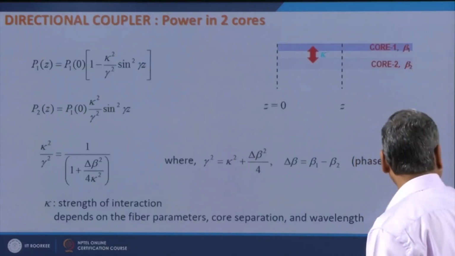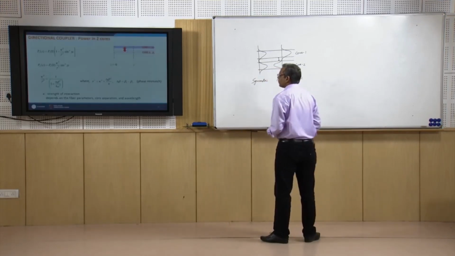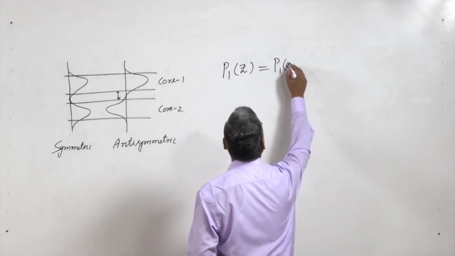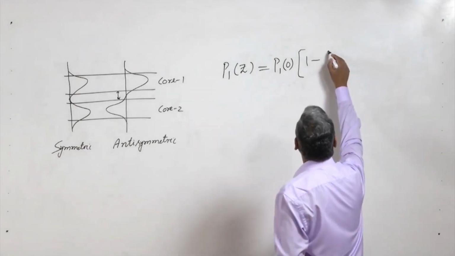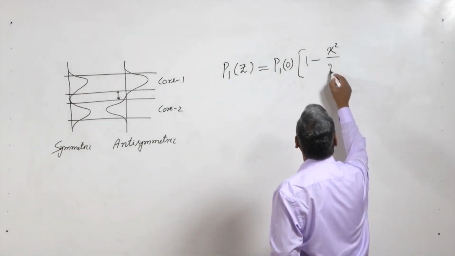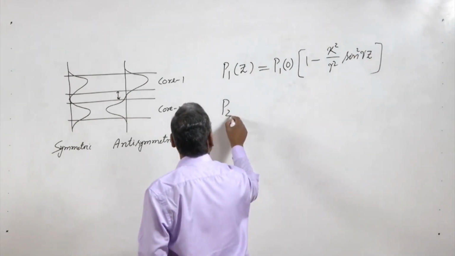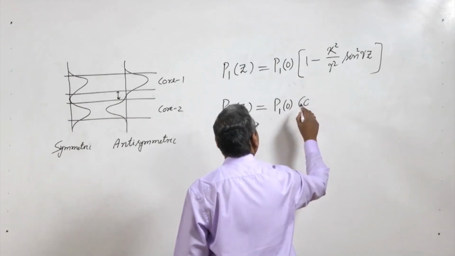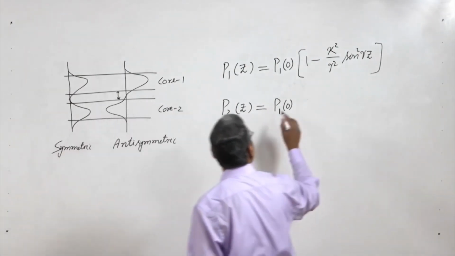If you go back to this expression, let me retain this expression on the board, that P1(z) is equal to P1(0) times 1 minus kappa square over gamma square sine square gamma z, and P2(z) is equal to P1(0) times kappa square over gamma square sine square gamma z.